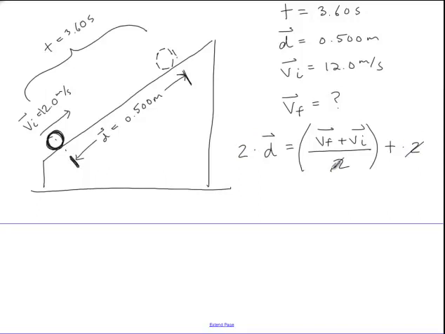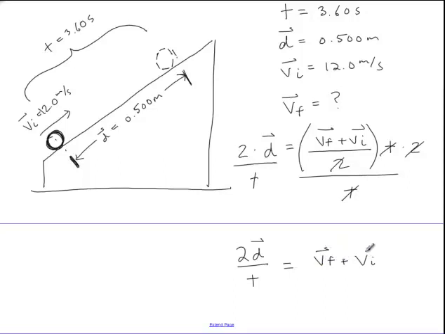Those ones cancel. What do we want to get rid of next? Let's get rid of the time. We'll divide each side by time, so those cancel. So what are we looking at so far? We've got 2d over t equals vf plus vi.